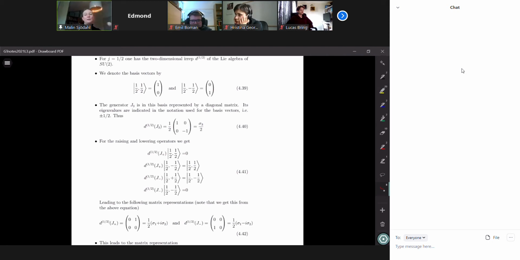And similarly, just writing in the values, you will have a factor 1 there and a factor 1 there, and acting with j minus on the most negative m value here, we get 0. So we have this.